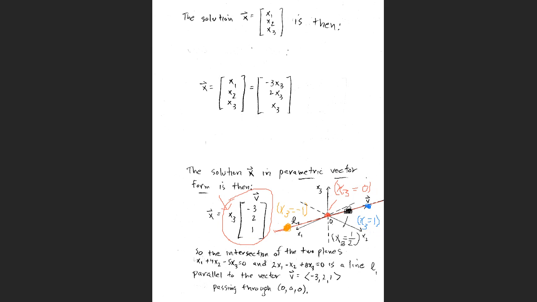And so isn't this pretty cool? Now you can geometrically describe what this line looks like. How many think that's kind of neat? You don't need to just say the intersection's a line.